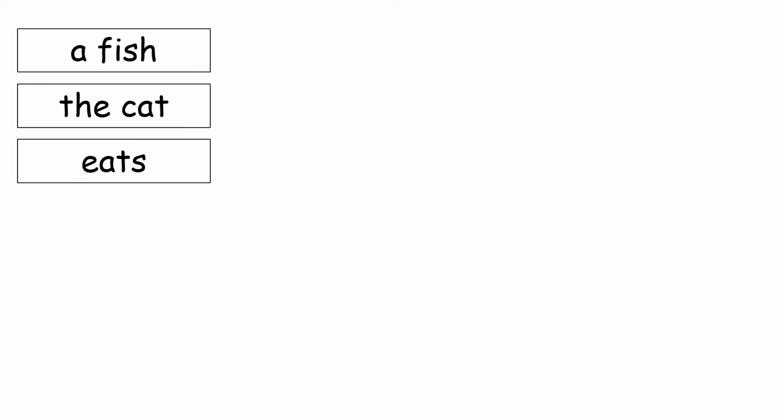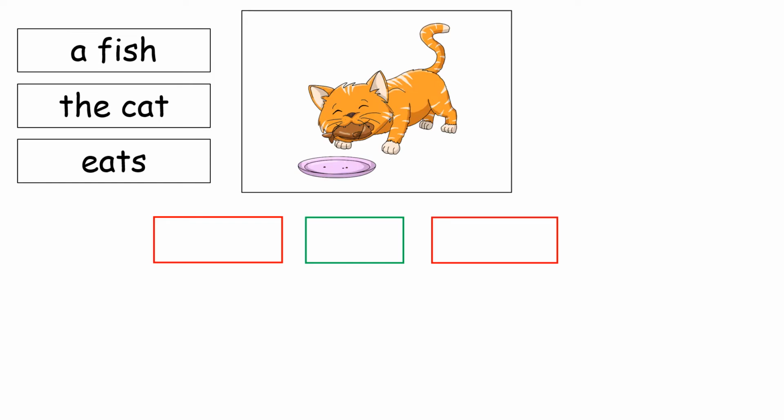Let's try this together. A fish, the cat, eats. Place the correct words in the boxes below. So the subject will be in front. Is it a fish or the cat, which is the subject?